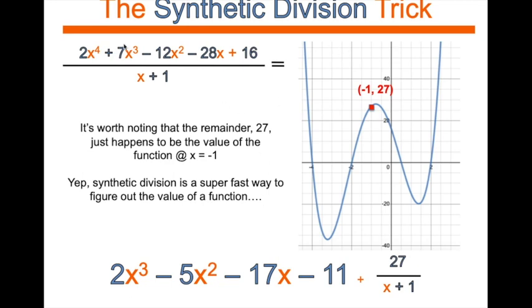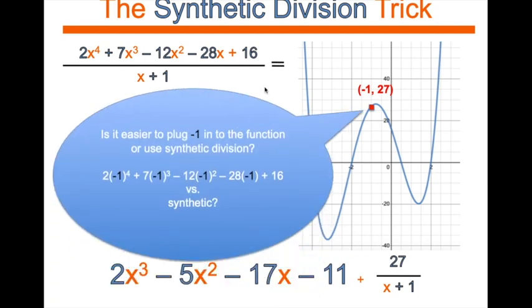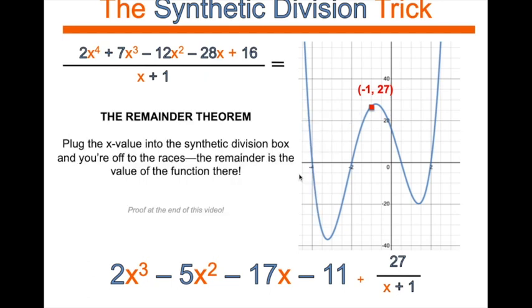Like if I needed to evaluate this function in the numerator here at x equals -1, you can either plug in -1 to that function and try and deal with all those signs, type it into your calculator, and so on. Or if you do synthetic division by putting -1 into the box, the remainder is the value of the function. It's so much faster. You can be done with synthetic division before you even find a calculator and type that expression in.